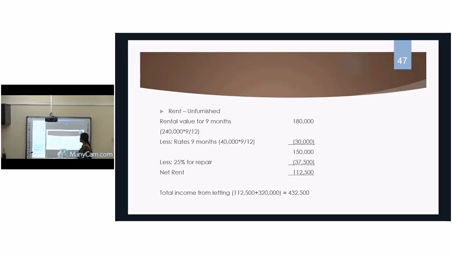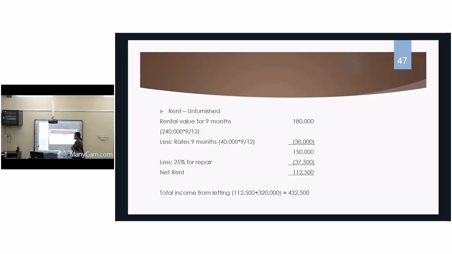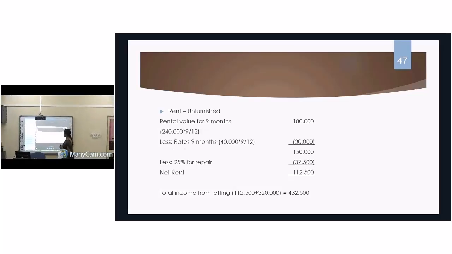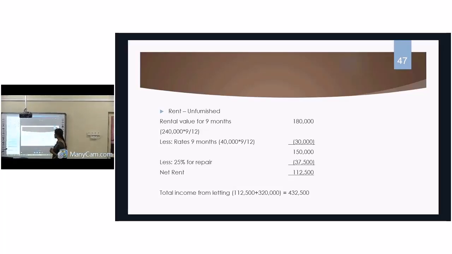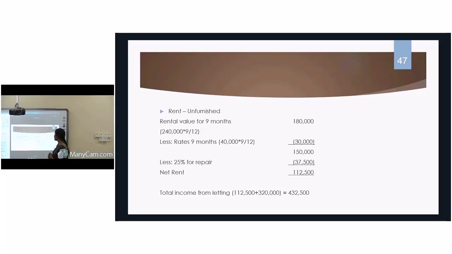On that you can claim 25% for the repair expense, 37,500, and net rent is 112,500. So altogether the total income from letting is 432,500.